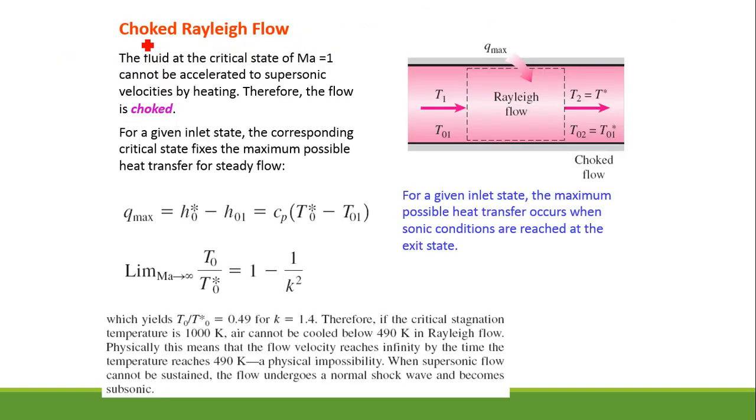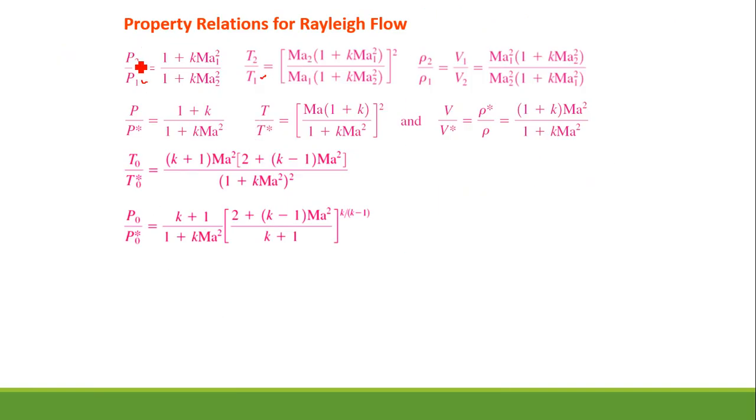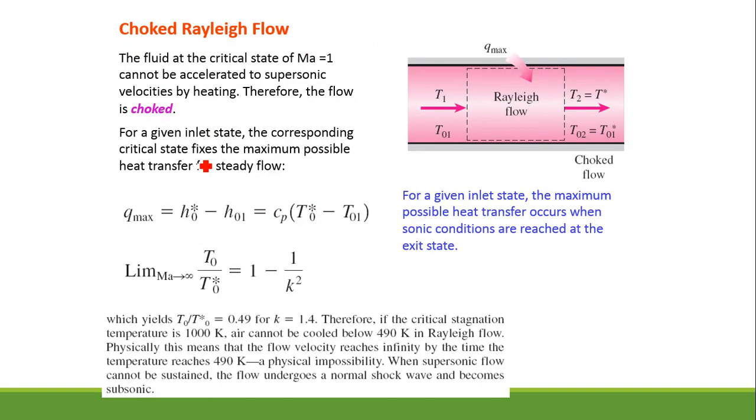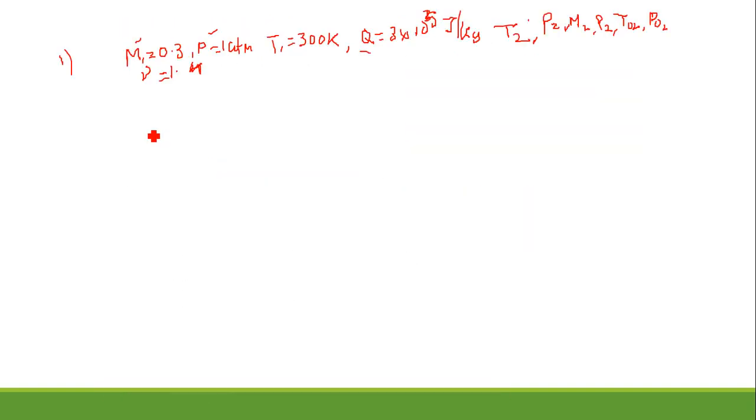We can find rho 1 also. So remaining things we need to find are M1 and M2. After finding M1 and M2 we can easily identify which type of flow it is, and what is the pressure behind that.